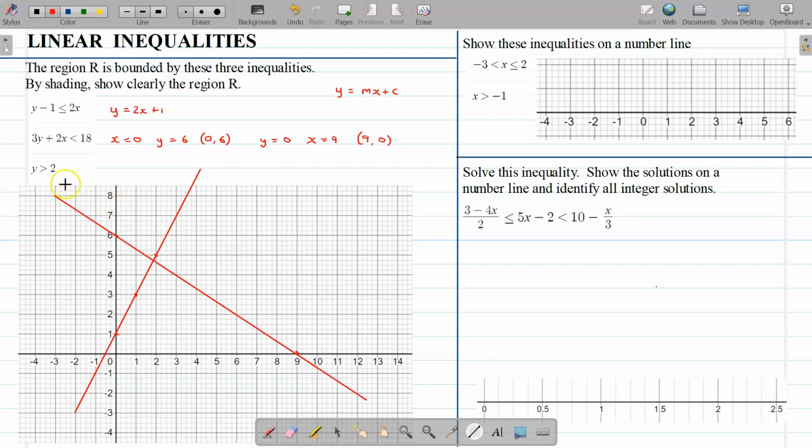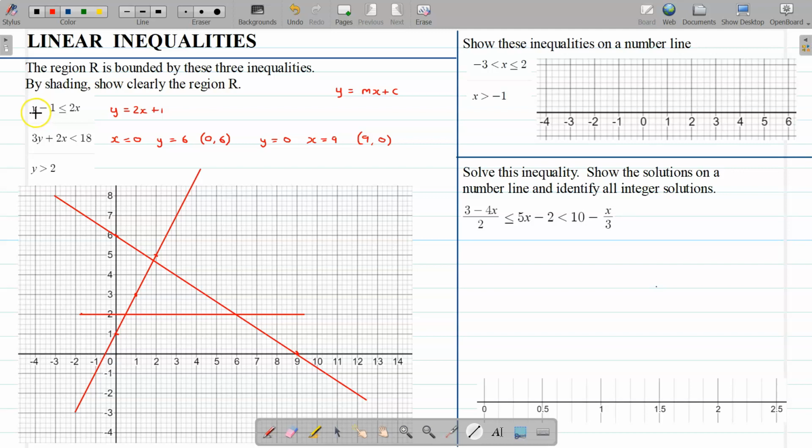And the third one is the line y greater than 2. Well, the line y equals 2 is a horizontal line where all the y coordinates are 2, so I just need it to be greater than 2. Now, if you do those faintly in pencil, you can correct them or change them if you need to into solid or dashed lines.